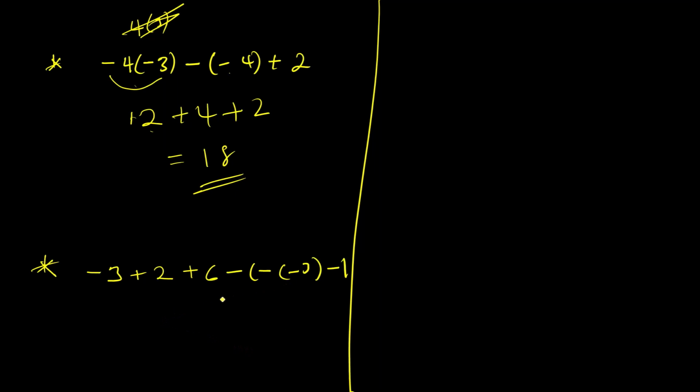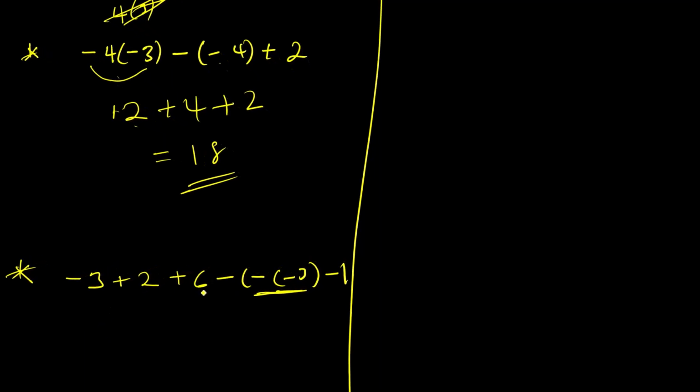Okay, so let's see what we can do here. This one we have minus here. This one is the same as, minus 3 plus 2 is minus 1 plus 6.